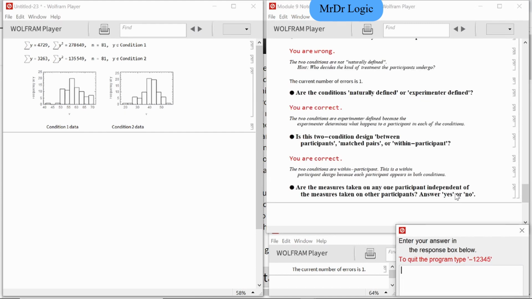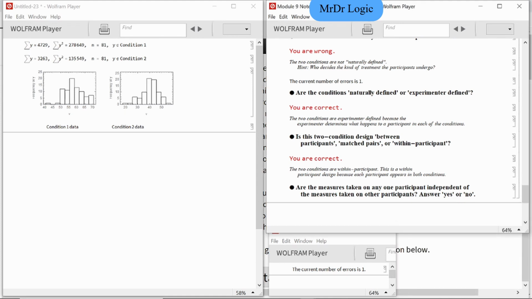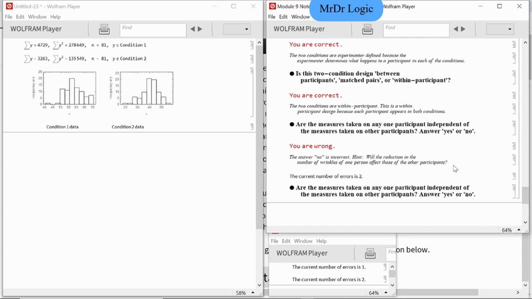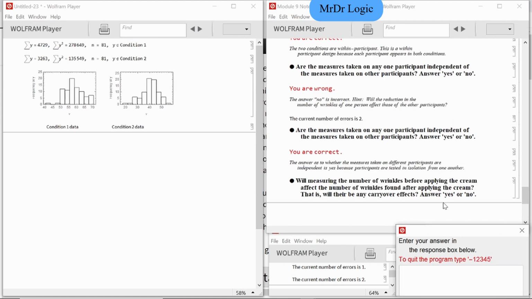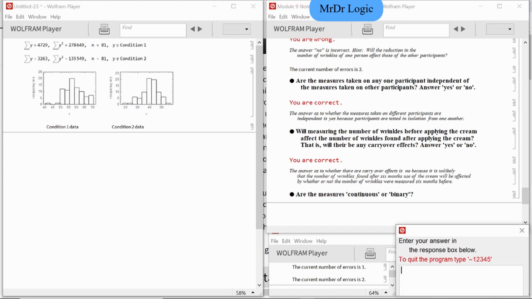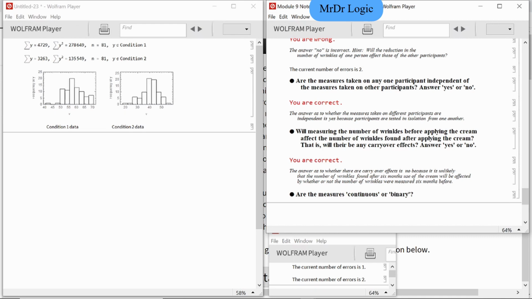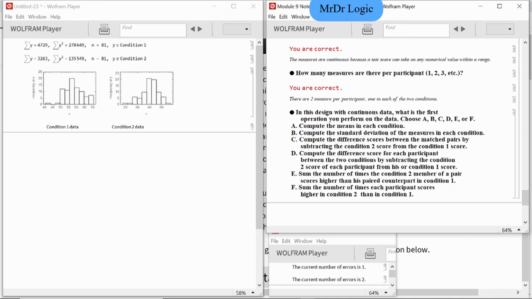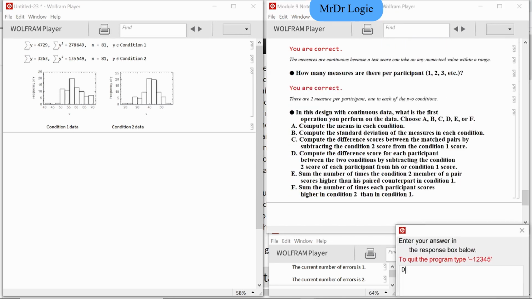Are the measures taken on any one participant? No. No carryover effects. Continuous. How many measures per participant? 2. D. Hang on.